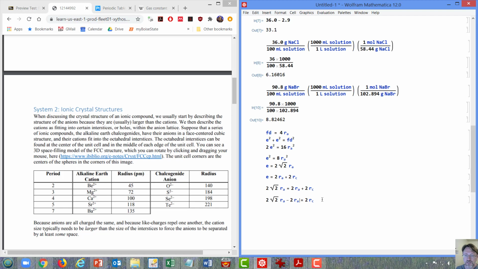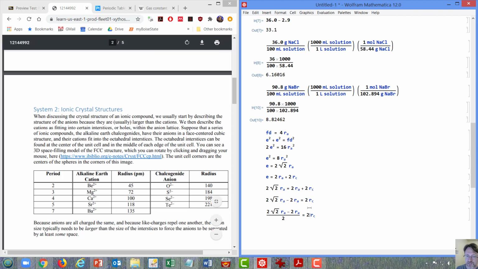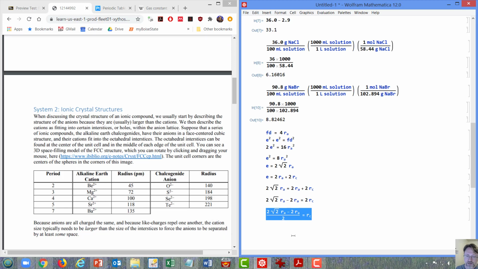Our cation, let's divide through by 2. So we're going to take this and divide by 2 on both sides. And let's factor out our RA.